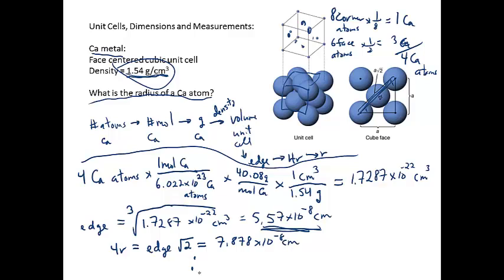Therefore the radius is equal to that divided by 4, which is 1.97 times 10 to the minus 8th centimeters, or 197 picometers. That was a very involved problem, getting from experimental information, the type of unit cell and the density of a metal, both measurable properties, to an atomic scale property, the radius of that atom.